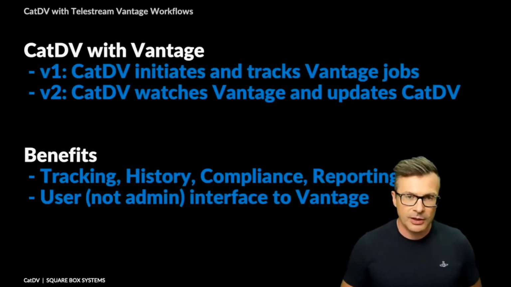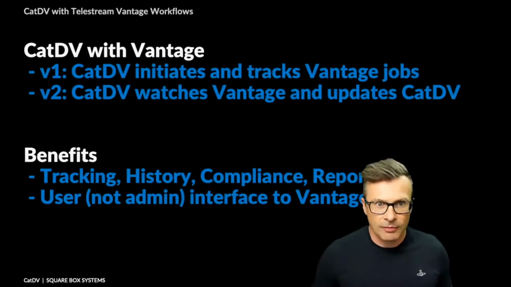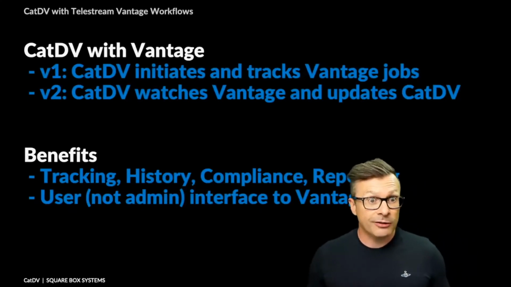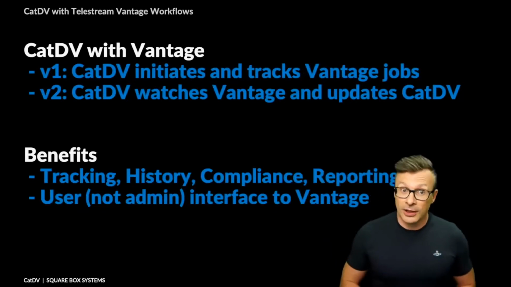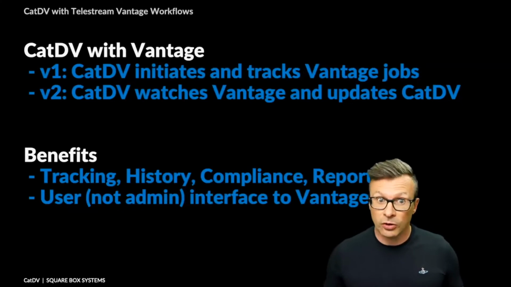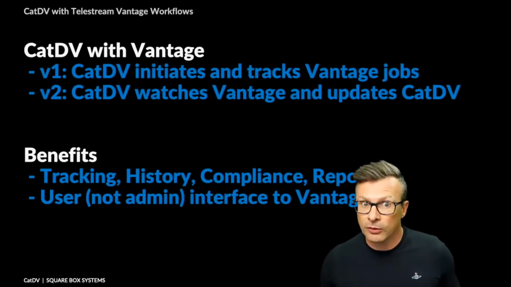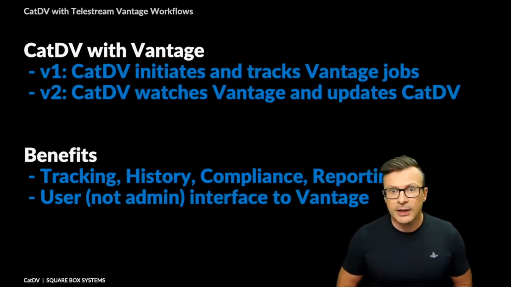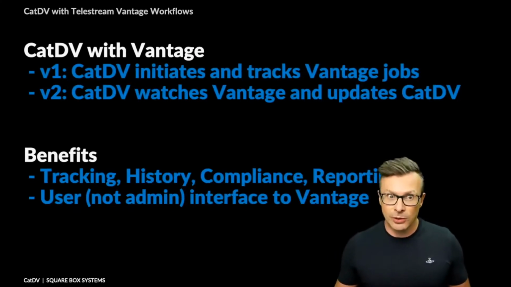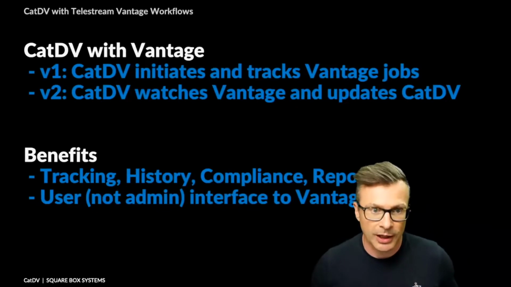Press a button in CatDV, Vantage goes and does its stuff. Vantage tells CatDV how well it's doing, and everything's great. V2 is the cool new one. And this is for us in CatDV to just watch what Vantage is doing without us having to kick off a workflow and then know a workflow's happening. We can just watch what Vantage is doing and then update CatDV, which is really cool. So we'll see that in the demo later.